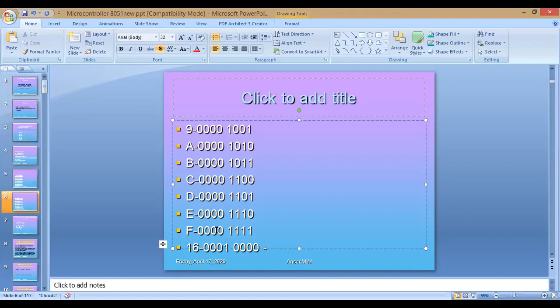Sorry, not 16, this is hexadecimal number 10, which is the equivalent of decimal number 16.